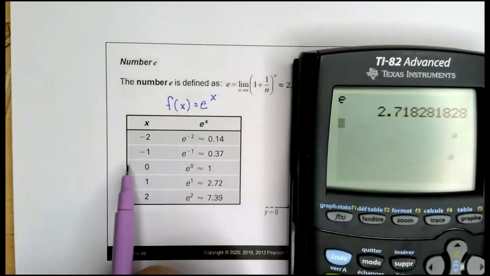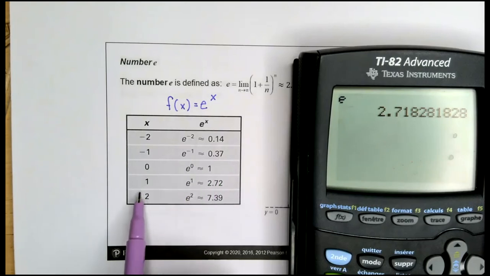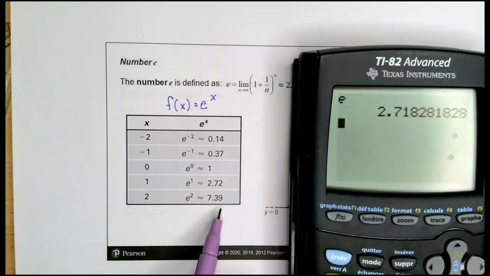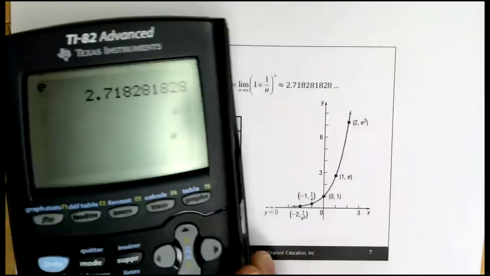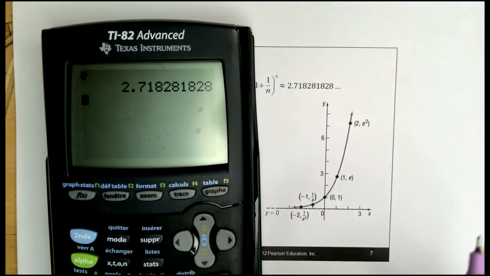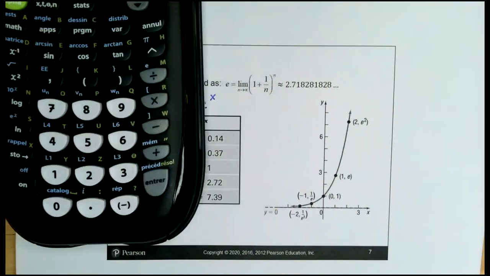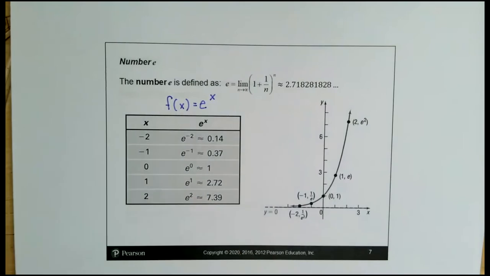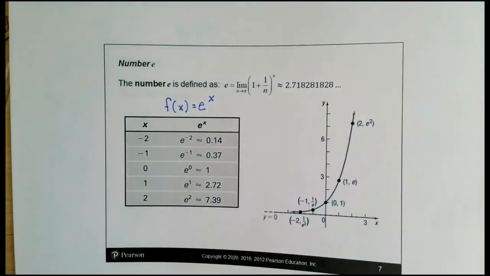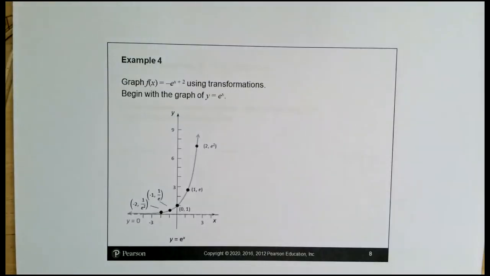The negatives are small, 0 is equal to 1, and the positive x's are growing larger. So that also fits with exponential growth. And then when we look at the graph, it is also a graph of exponential growth. Good. And e is something that you will encounter more and more often as you get into higher math.